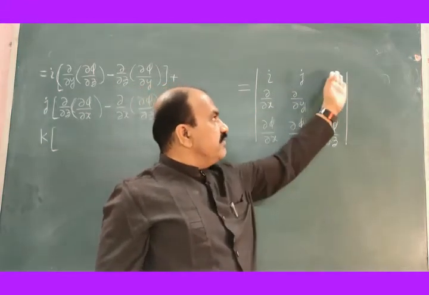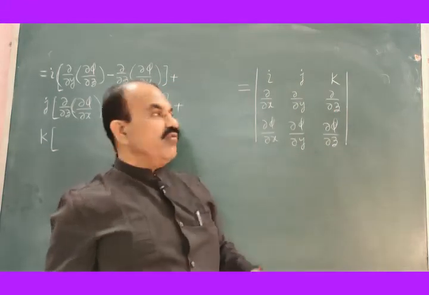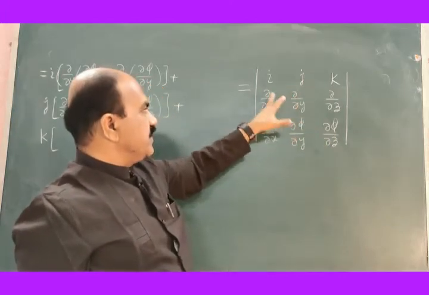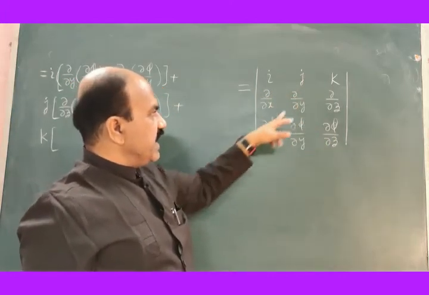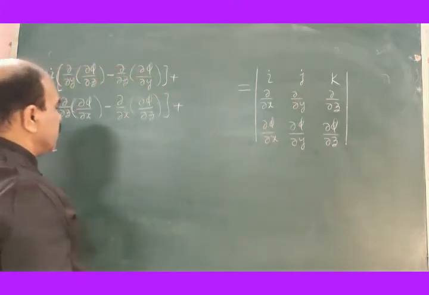This column, this row skipped. What is left? These four terms. Cross product of this minus cross product of this, and that is what?